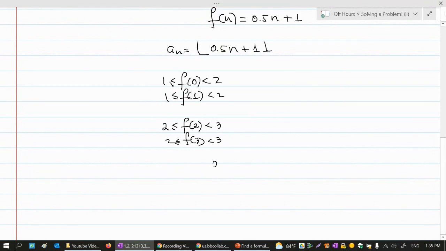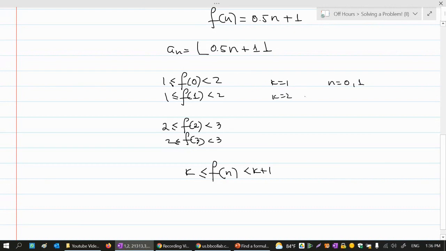It means that f evaluated at n must be greater than or equal to k and less than k plus 1 for what values of n? Notice that when k is 1, the values of n are 0 and 1.